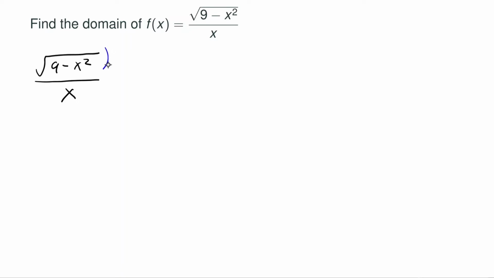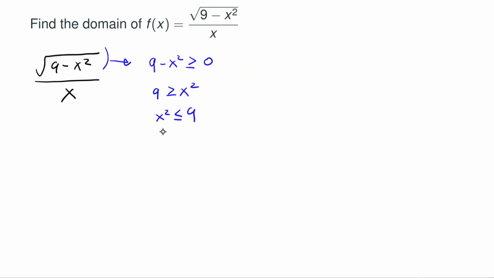Under the square root, we cannot have a negative number, but 0 is okay because the square root of 0 is 0. So 9 minus x squared must be greater than or equal to 0. Then we solve for x. We add x squared to both sides. We get 9 is greater than or equal to x squared, which means x squared has to be less than or equal to 9.